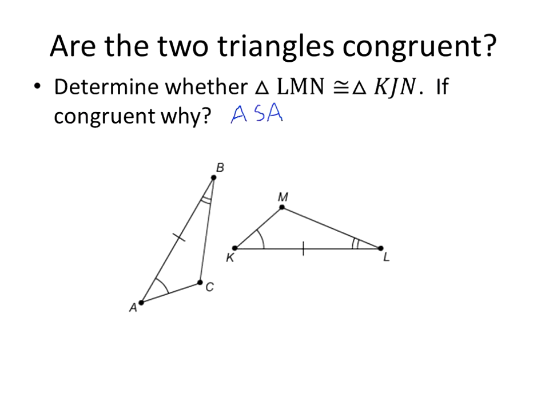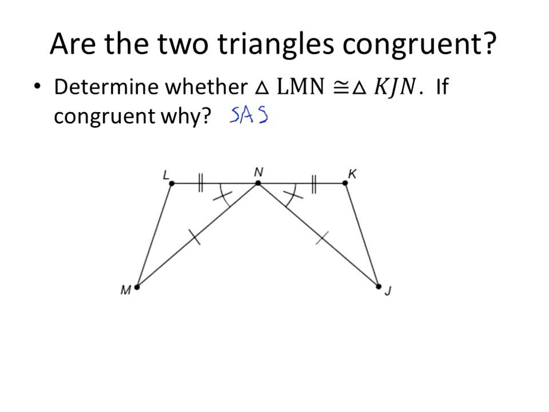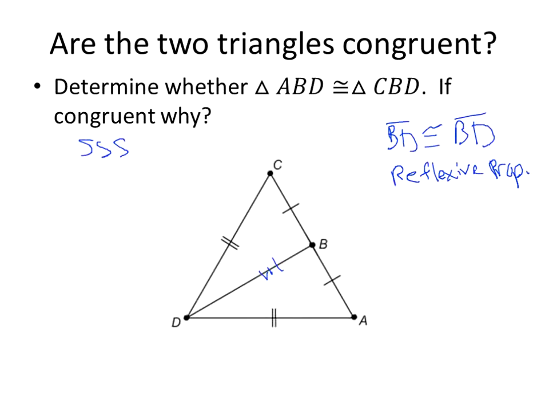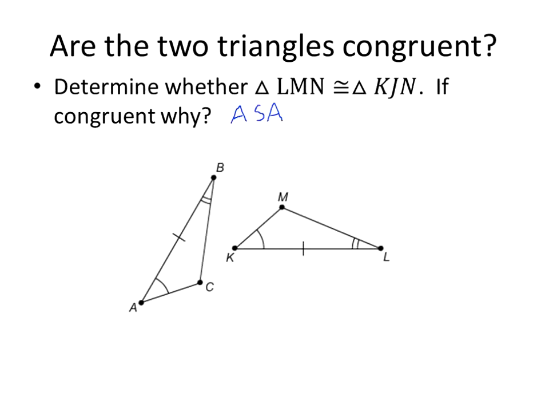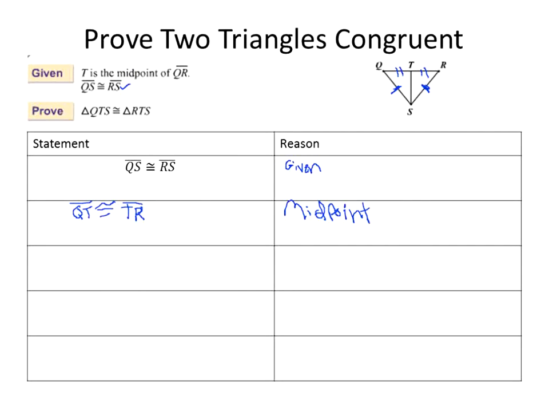So let's go back and look at what we've got that we just talked about. We talked about angle, side, angle. We talked about side, angle, side. And we talked about side, side, side. And as we look at that, right now we've got two pairs of sides that are congruent, corresponding sides.